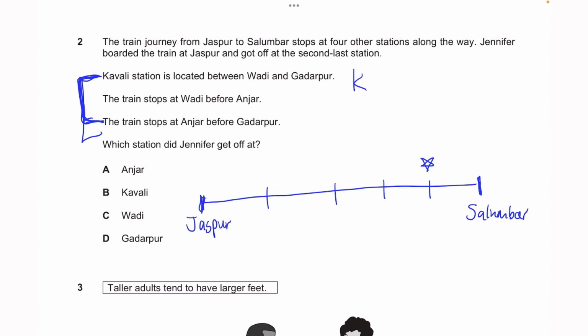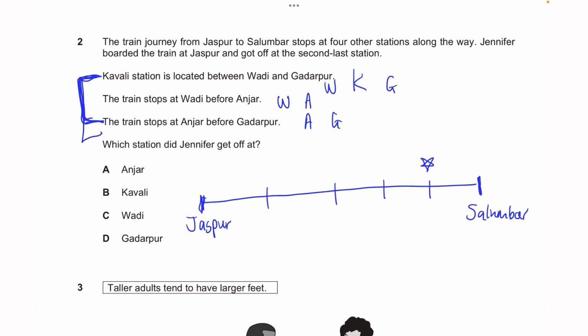Cavalli station is between Wadi and Gadapur. Okay, so this is what we're going to write up here before we put it into the actual diagram. And then what we also know is that the train stops at Wadi before Anja. So Wadi is before Anja. And we also know that the train stops at Anja before Gadapur. So Anja before Gadapur.